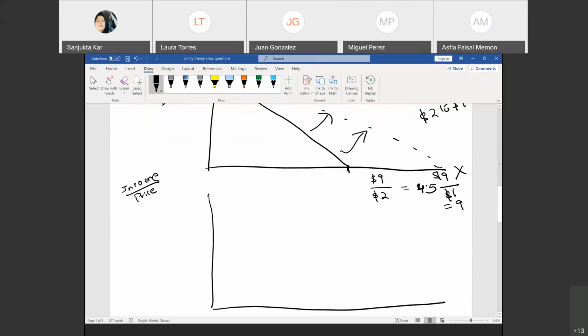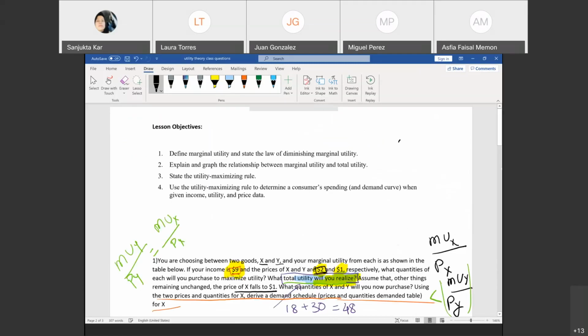Over here, I have the quantity of X. Over here, I have the price of X. This one is the demand curve for X. Let's see, what did we find?